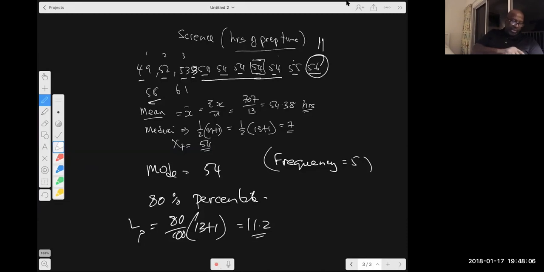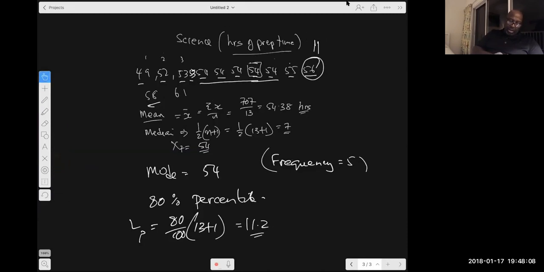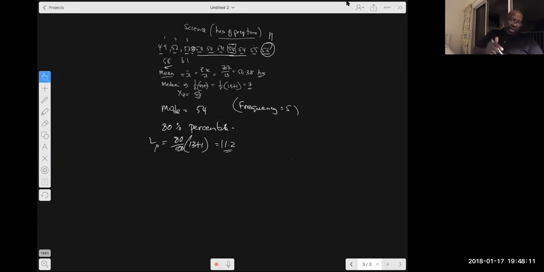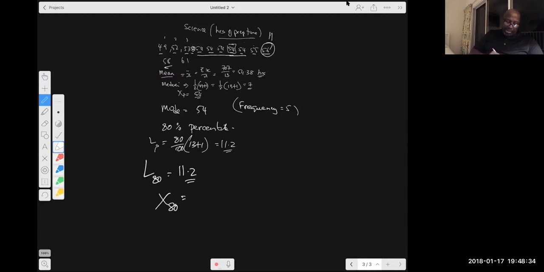So let me show you how I do that. Since my location is 11.2, L80 is 11.2. So therefore my 80th percentile would be X11 plus 20% of the difference between X12 and X11.